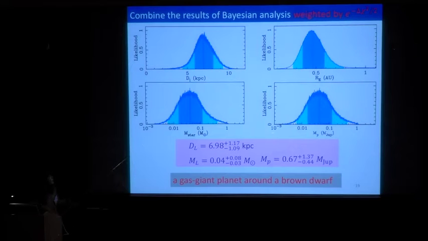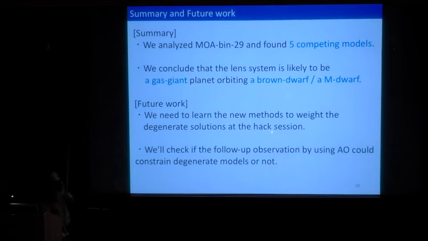We combine the results of the Bayesian analysis weighted by their delta chi-square. And then we can conclude that this lens system is likely to be a gas giant planet around a brown dwarf in the galactic bulge. And here is a summary and future work. Thank you.